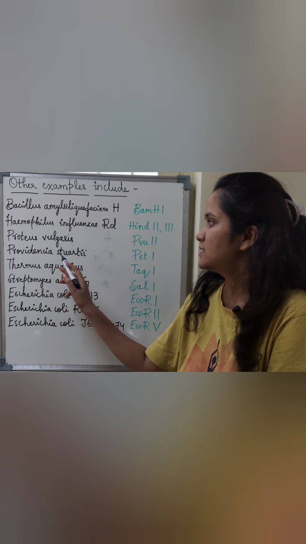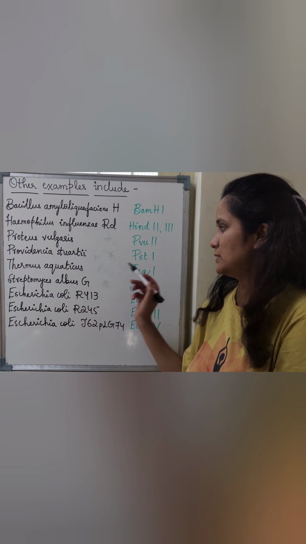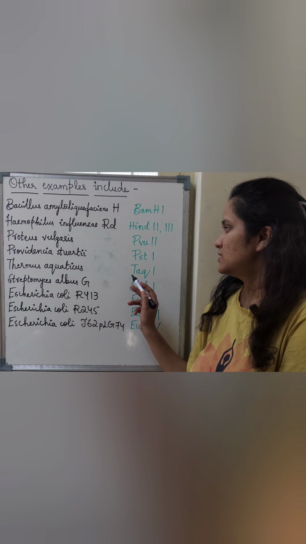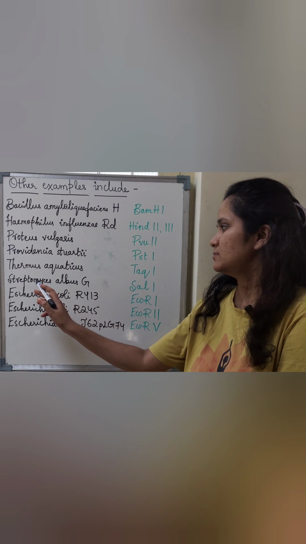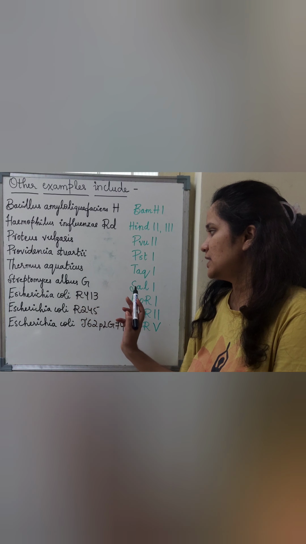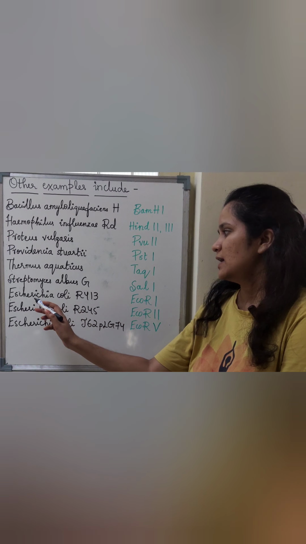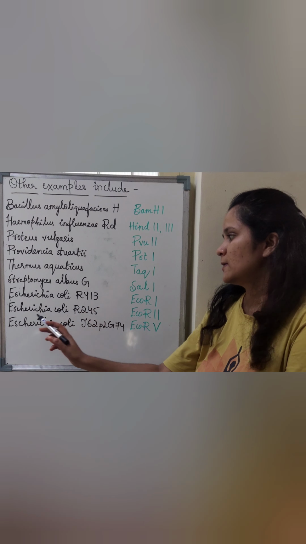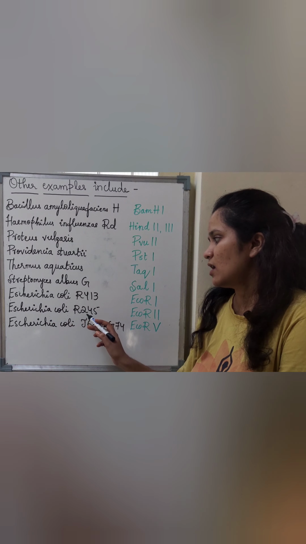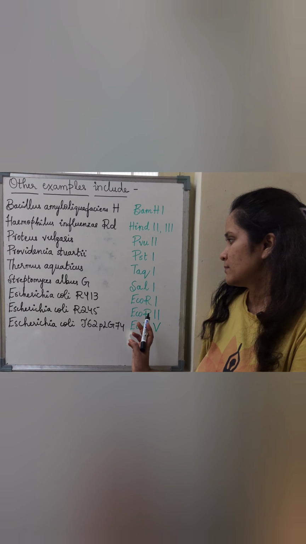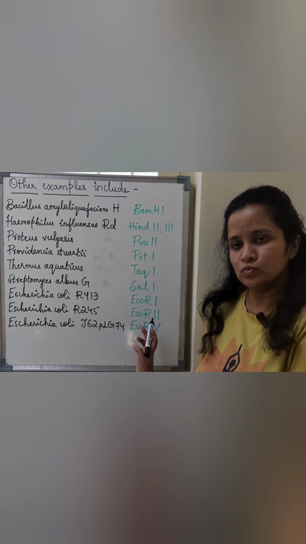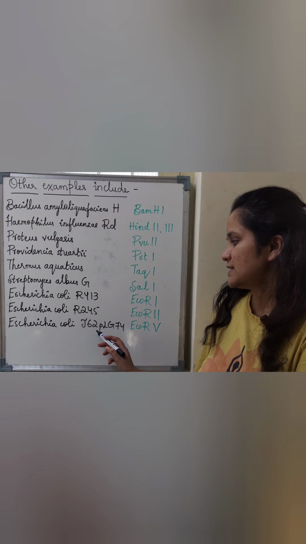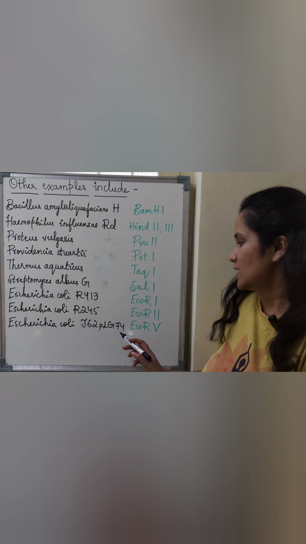And Providencia stuartii PstI, Thermus aquaticus TaqI, Streptomyces albus G SalI, Escherichia coli RY13 EcoRI, Escherichia coli R245 EcoRII, Escherichia coli J62pLG74 EcoRV.